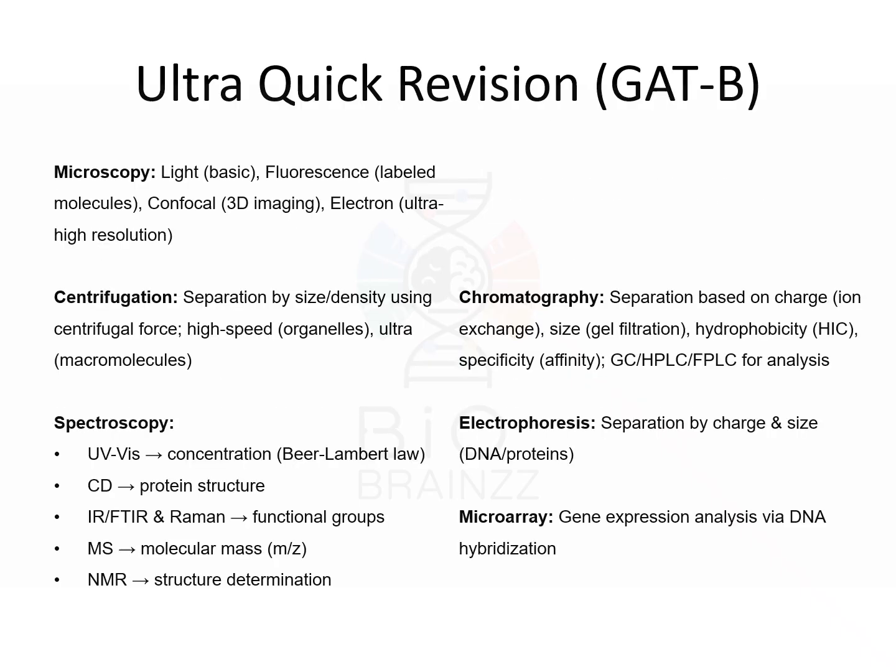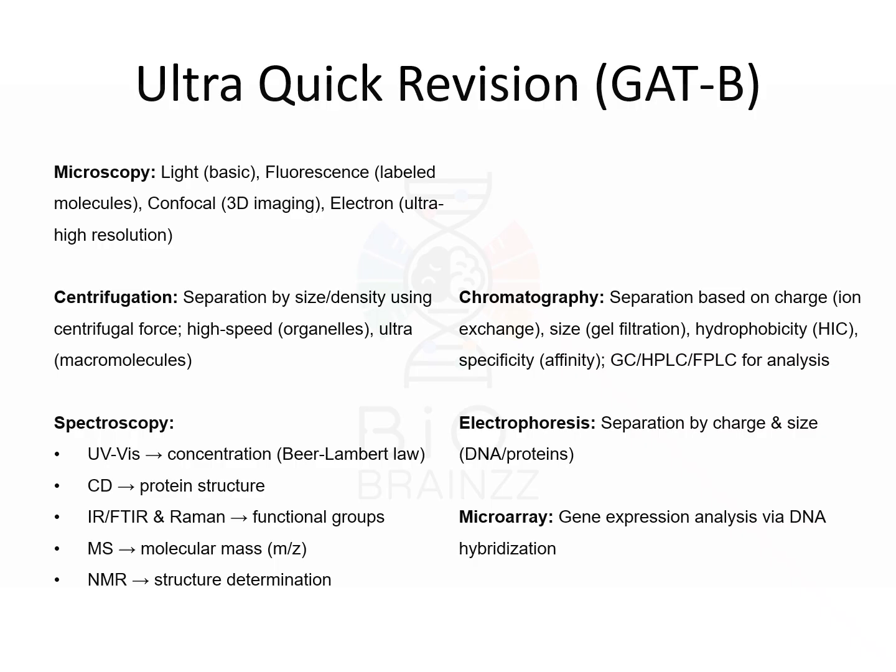This slide gives a quick summary of all techniques. In microscopy, we studied light, fluorescence, confocal, and electron microscopy, each with different resolution and application. In centrifugation, separation is based on size and density using centrifugal force.